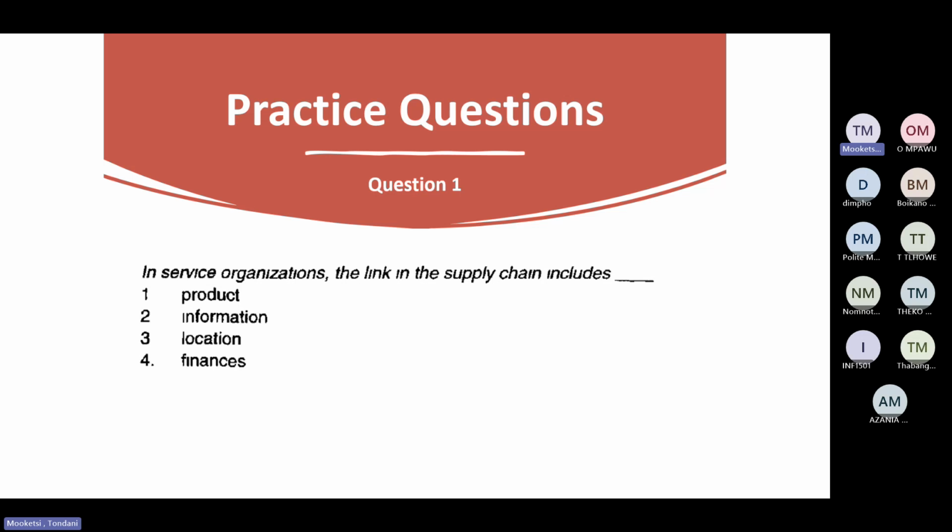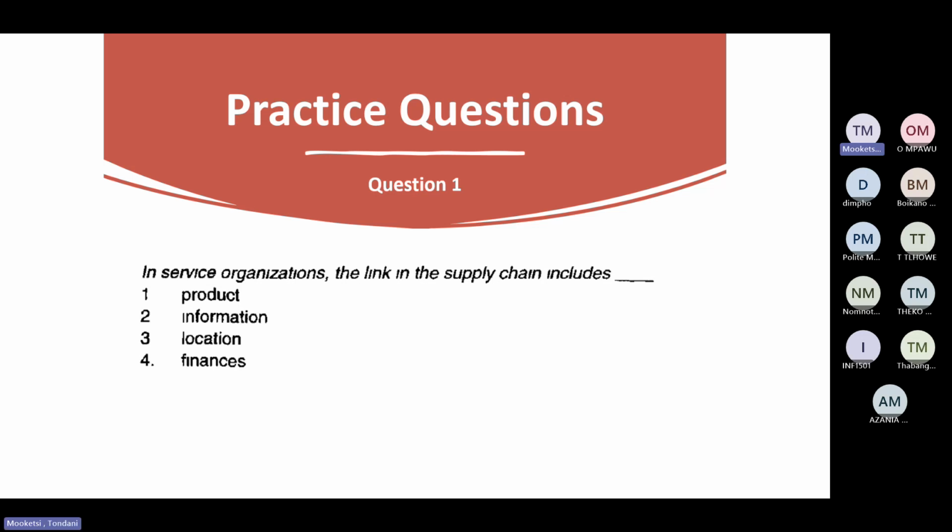Question 1. In service organizations, the link in the supply chain includes: 1, product; 2, information; 3, location; or 4, finances. The link in the supply chain.